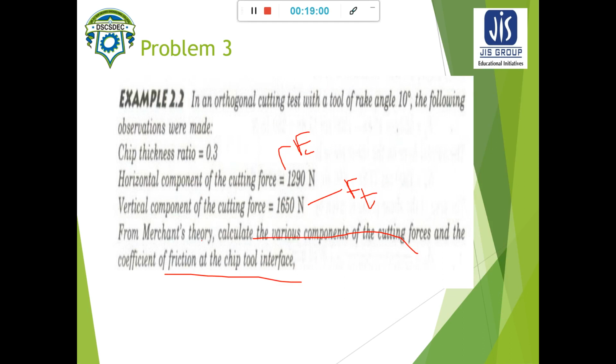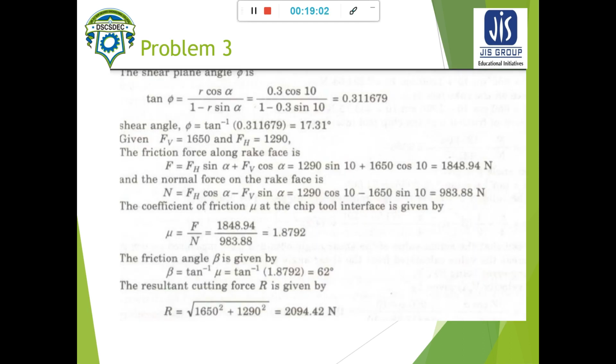First we have to find out the shear plane angle. The shear plane angle can be given by tan phi equals r cos alpha by 1 minus r sin alpha. Here r is the chip thickness ratio, 0.3, and alpha is the rake angle, 10 degrees. So 1 minus 0.3 sin 10 would give us 0.311679.